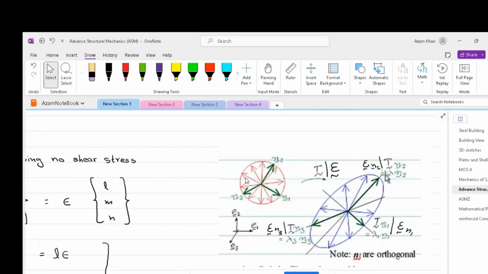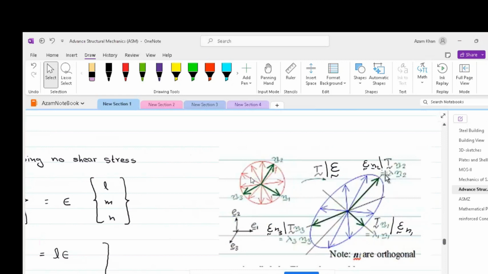These vectors show the direction of infinite fibers that are connected to the origin. Since no load is applied on the body, all these vectors are of the same magnitude.